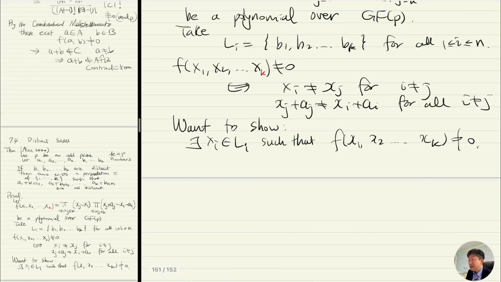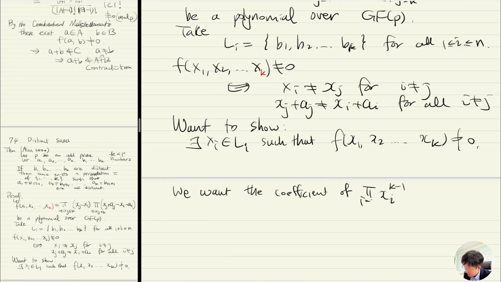We need the coefficient of the product of xi to the k minus 1 to be non-zero. That's what we want.